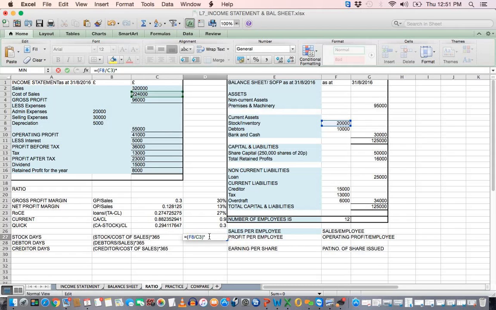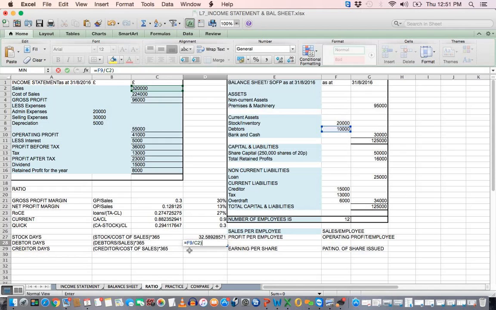So multiply 365, using the multiplication you need the asterisk, the 365, and then you hit enter and you get the figure. Because it is in days, you need to round the figure, so currently 32.58 days, so it should be 33 days.